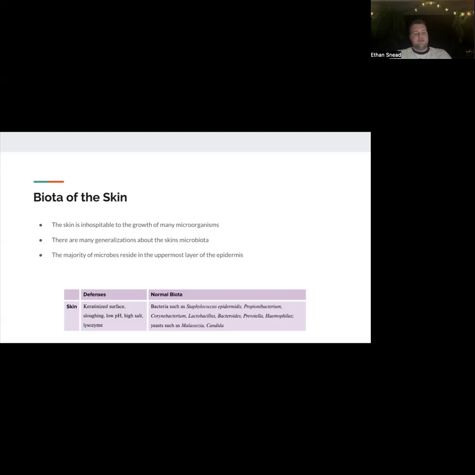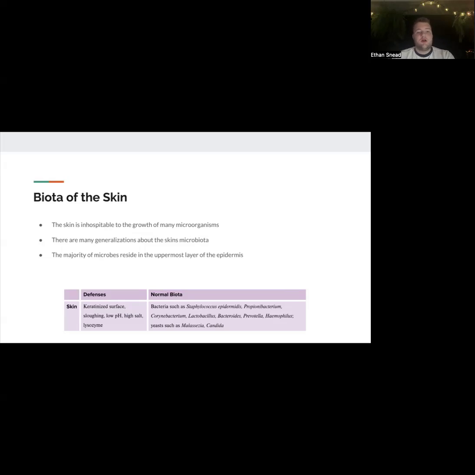There are many generalizations about the skin's biota, such as hundreds of species of microbes are distributed over many areas. There are five major taxa represented in the microbiota, with the predominance of groups varying in different regions of the body.